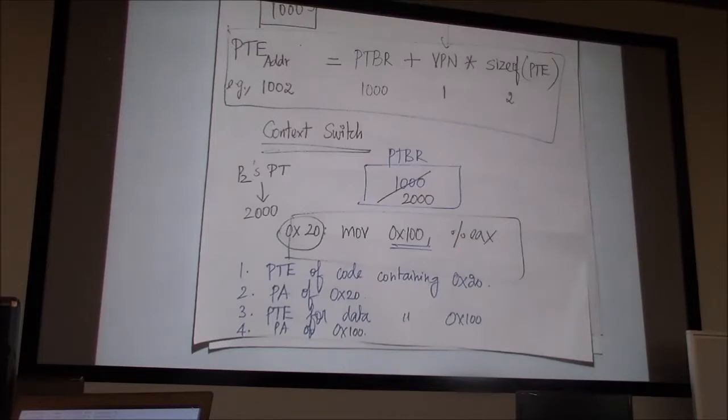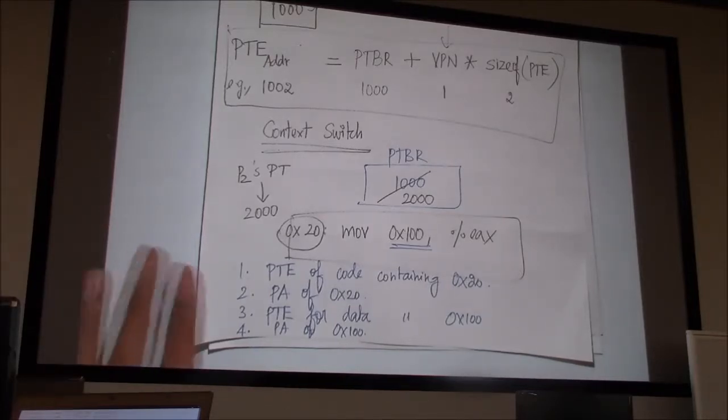For each memory access, we now need twice the amount of memory access than was required previously, because we have some structures in between, like the page tables, where we store crucial information about the mappings of the virtual pages to the physical pages. So we need to access those page table entries first in order to access the actual physical memory. So this is definitely not going to be acceptable. And so let's see what is the solution for this.